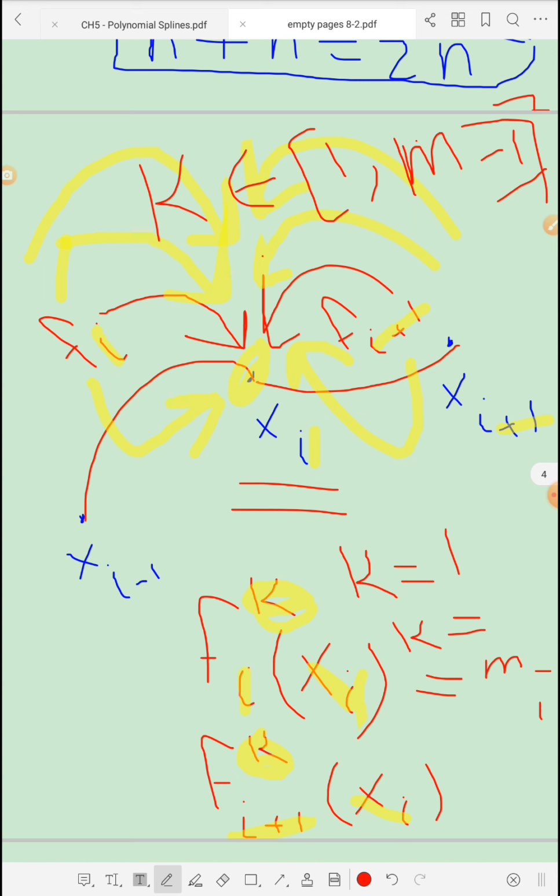The third derivative of the left polynomial should be equal to the third derivative of the right polynomial, and the fourth derivative of the left polynomial should be equal to the fourth derivative of the right polynomial. All of them should be calculated at xi, and xi is any interior node or via points that is surrounded by the left polynomial spline and the right spline.